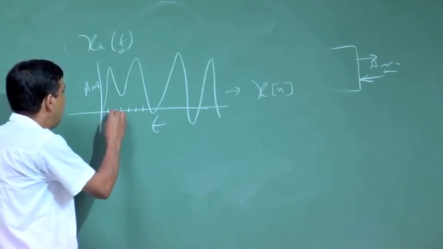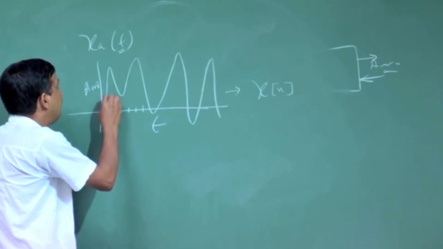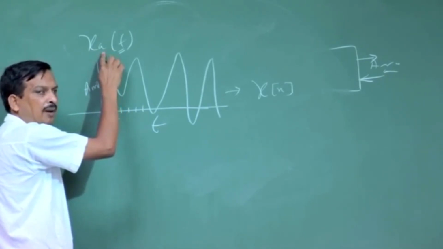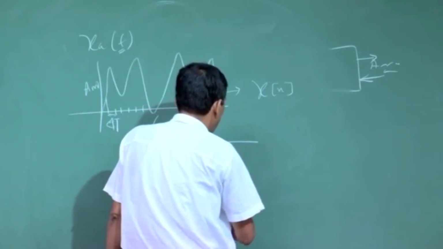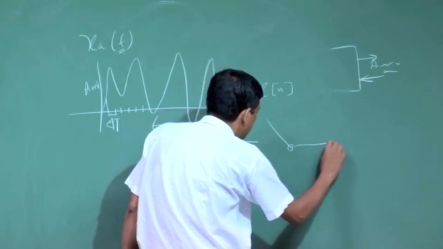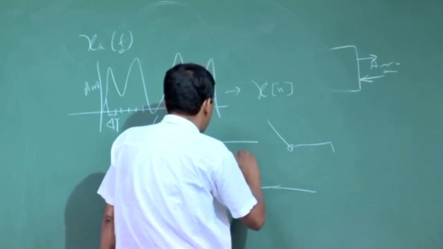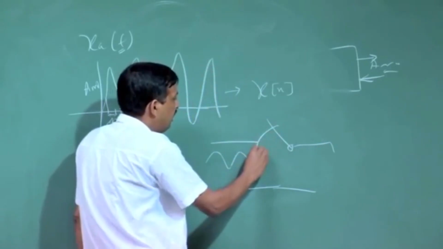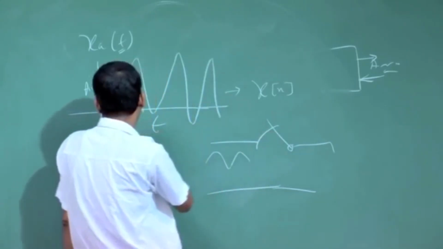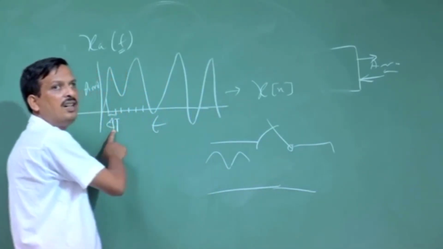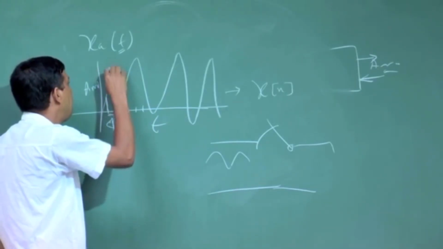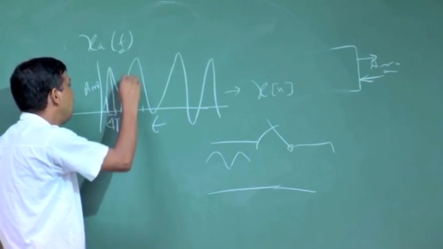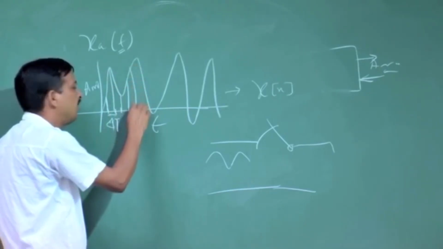I can think of x(t) being sampled, or think of a switch. Suppose this is a switching circuit, x(t) is going on, and I close the switch with a duration of delta t. For this delta t I take the signal, then again take the signal here, here, and here.